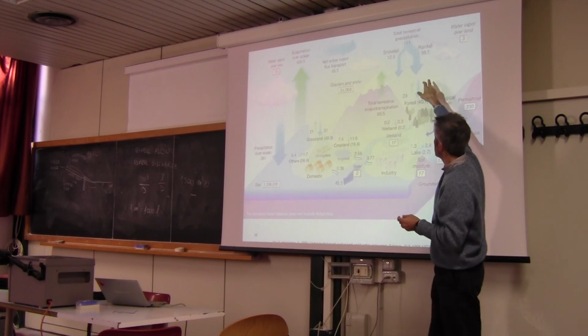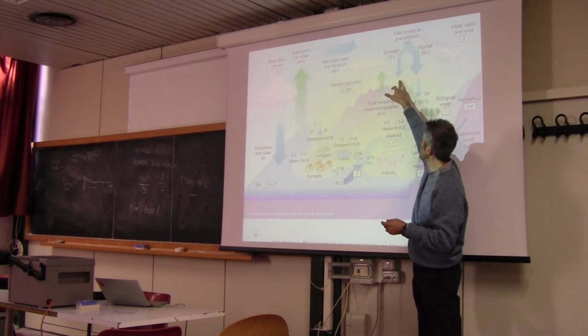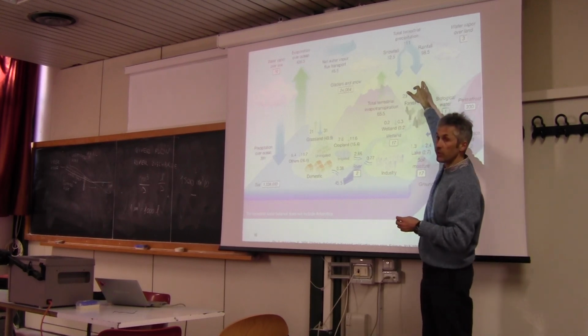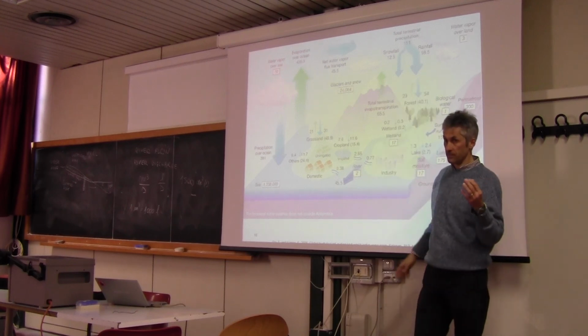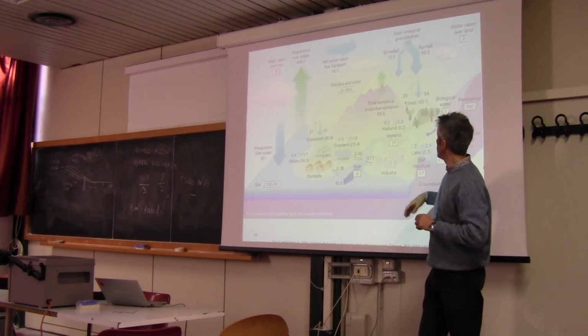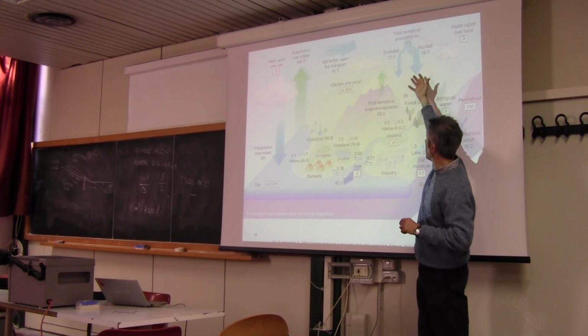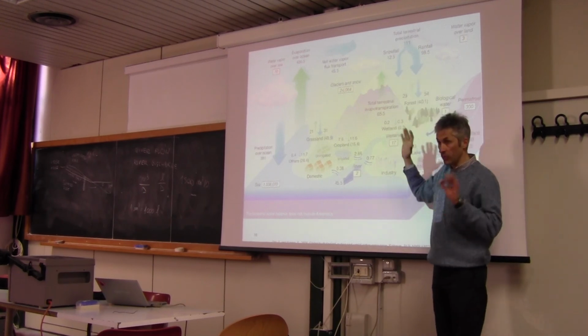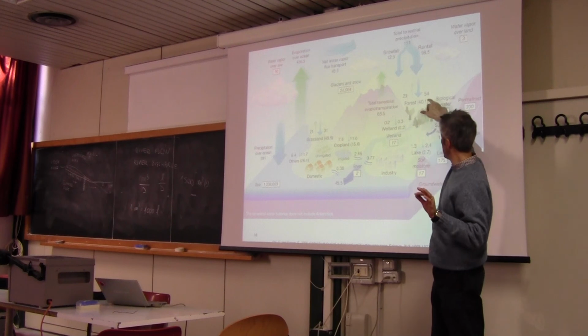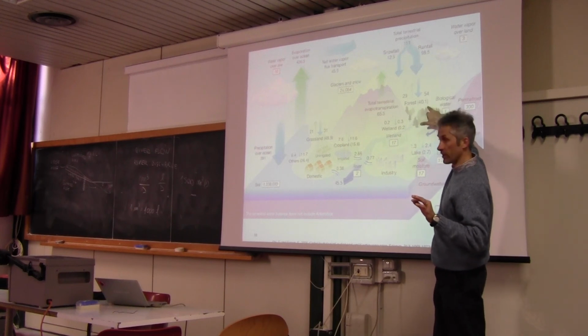Now, you see that if you have 111, snowfall usually is 10% of rainfall. This is an order of magnitude. And of the total amount of 111, 54 falls over the forests.